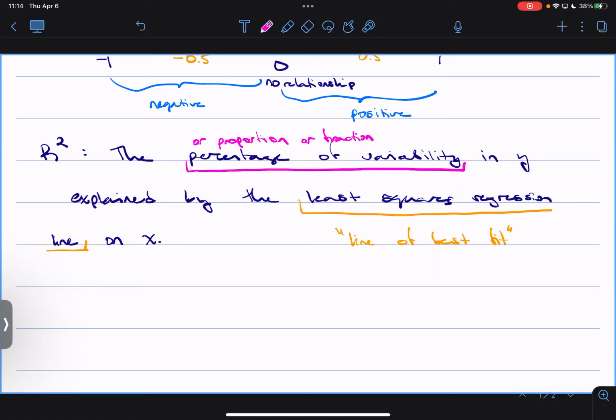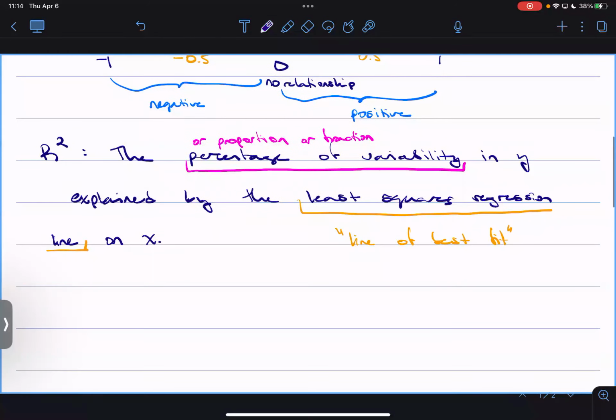And so as soon as you see percentage of variability, I want you to have kind of an internal switch and say, okay, R squared. It's a really long definition, but if I tell you that 80% of the variability in Y, then you think percentage of variability, that's R squared. Okay, then I know what R squared is.